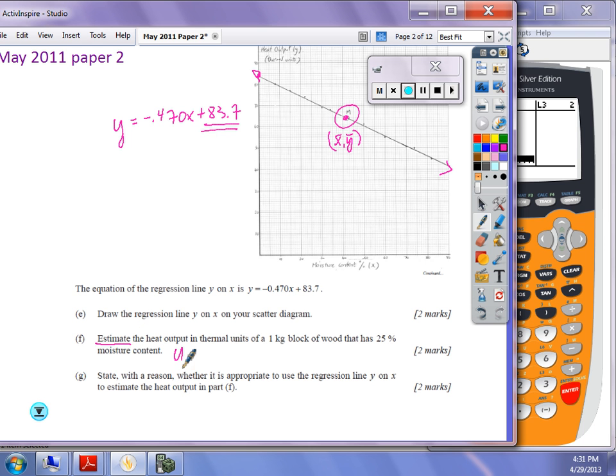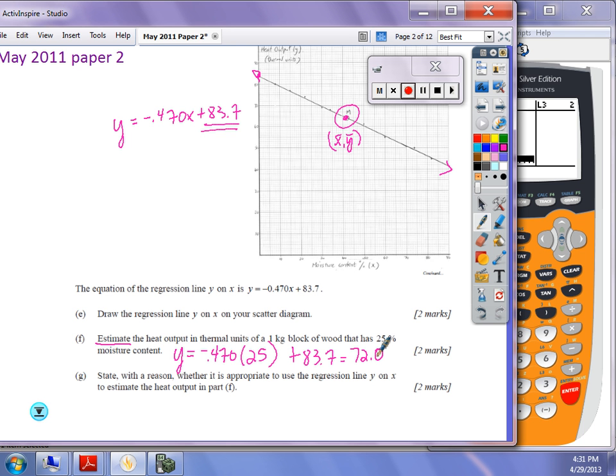So what you need to show here is that you're plugging in the 25% into the regression equation. So I've got negative 0.470, and there's my 25 substituting for x, plus 83.7, and that's equal to 72.0, to 3 sig figs.